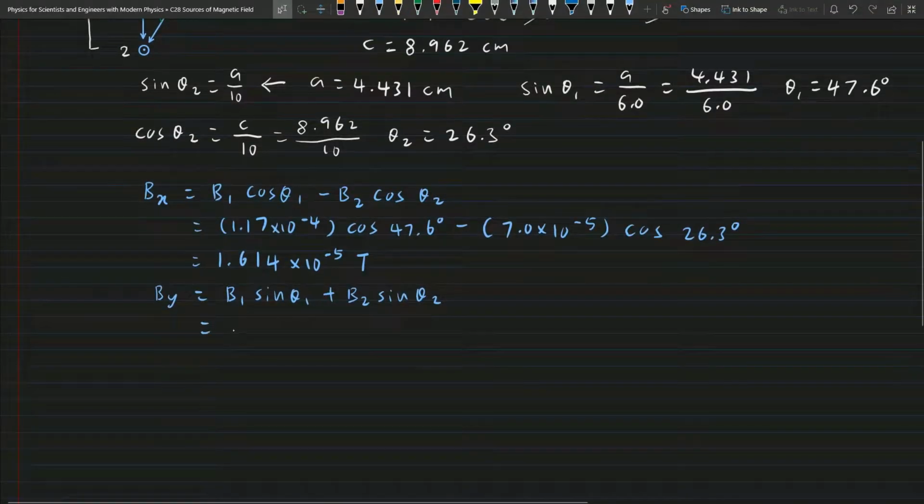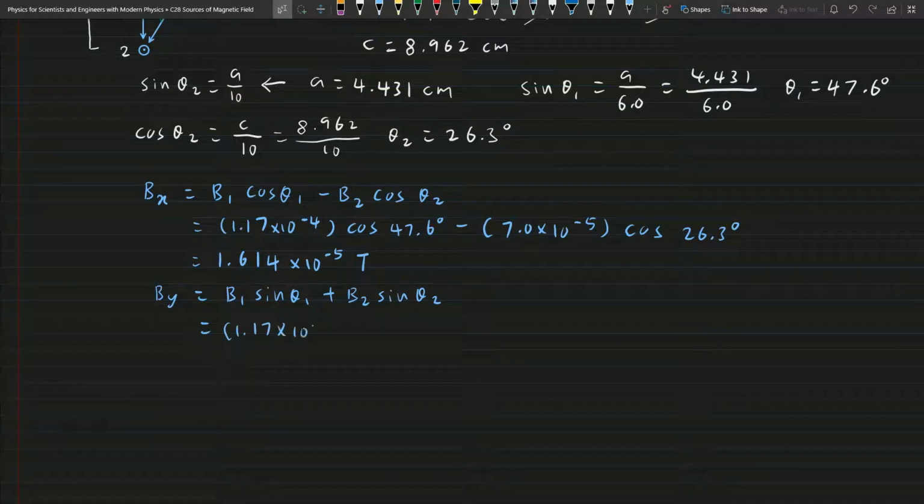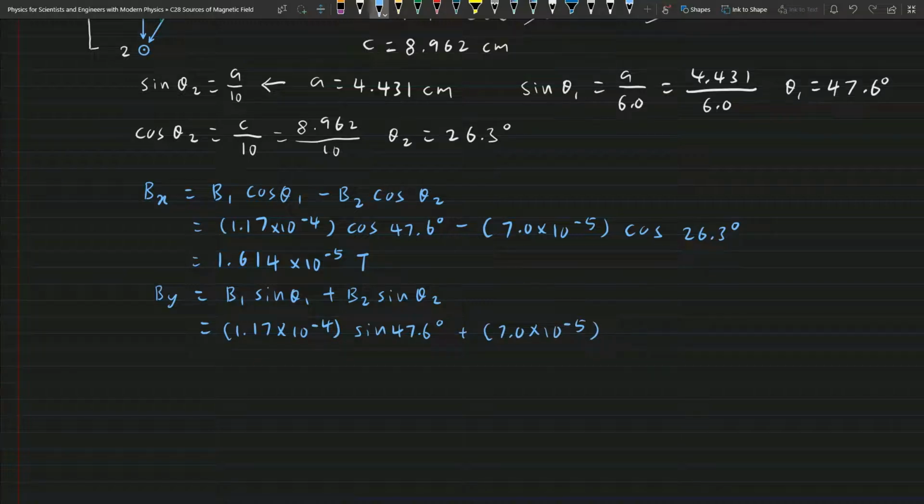This equals 1.17 times 10 to the negative 4, sine 47.6 degrees, plus 7.0 times 10 to the negative 5, sine 26.3 degrees.